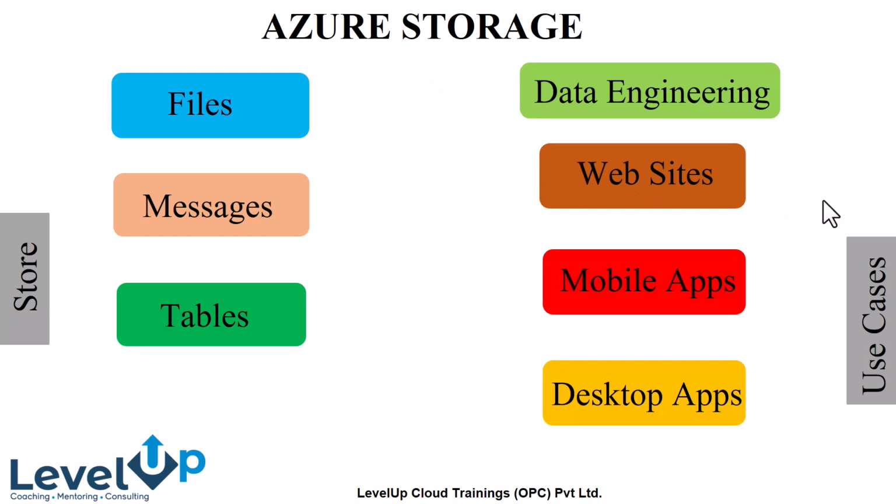With the help of Azure Storage, you can host a website, or you can store the data coming from a website. You can store the data coming from mobile apps, desktop apps, or data generated by multiple applications that will help to engineer the data, which can provide some insights.